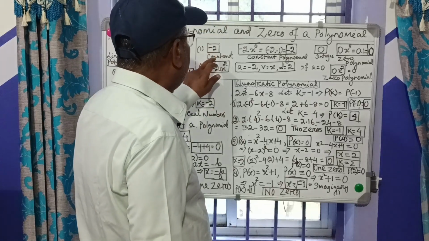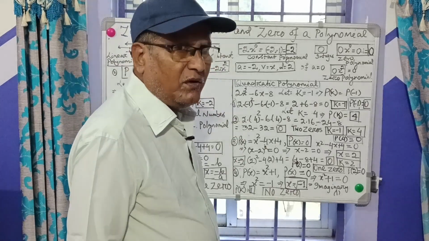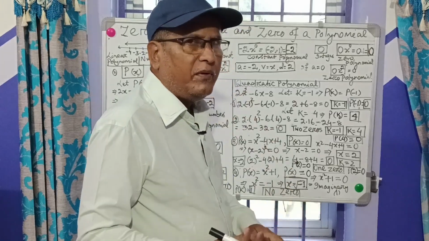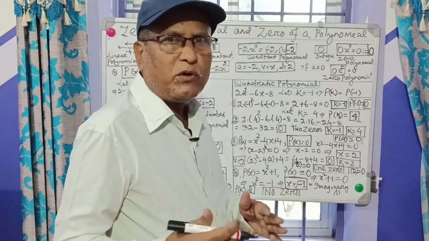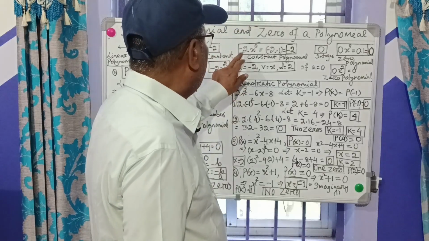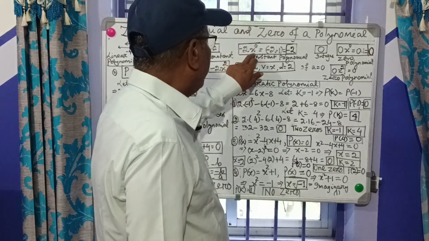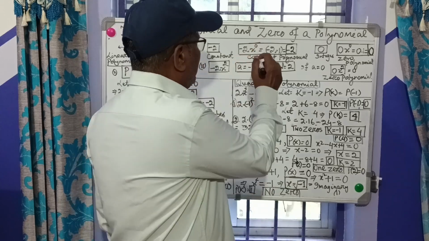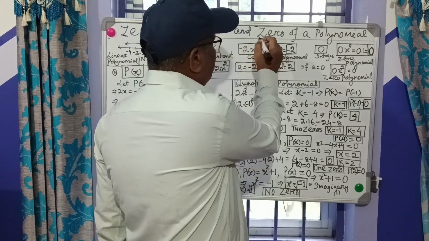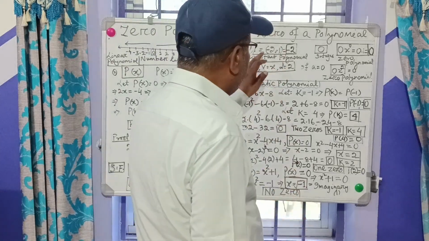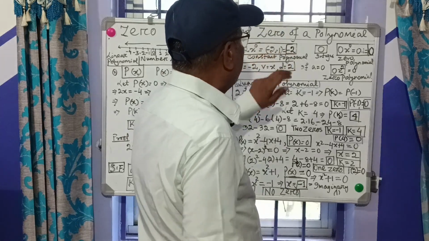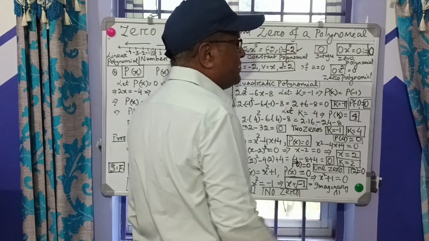So -2 here is a constant. Can we write -2 in the form of a polynomial, that is a monomial? Yes. So -2, here the variable x and degree 0. You know x exponent 0 is equal to 1. So -2 into 1 is -2. So it is called a constant polynomial.